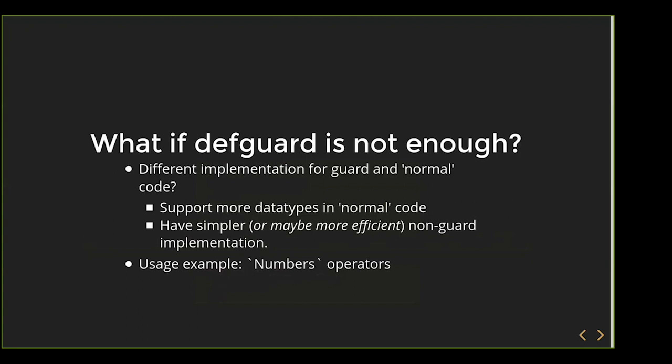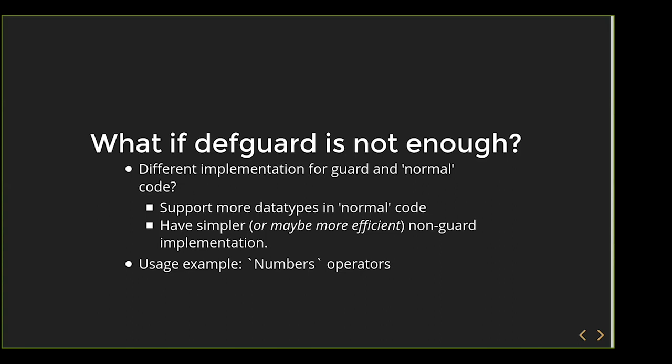Now, in certain situations, using defguard might not be enough. There are some not very common situations in which it might make sense to have different implementations of some piece of code between normal Elixir code and guard-safe Elixir code. Maybe you can have some support, even though it's more limited in your guards than in normal code, or you might have a simple algorithm that works in normal code that can use functions other than the guard-safe functions.